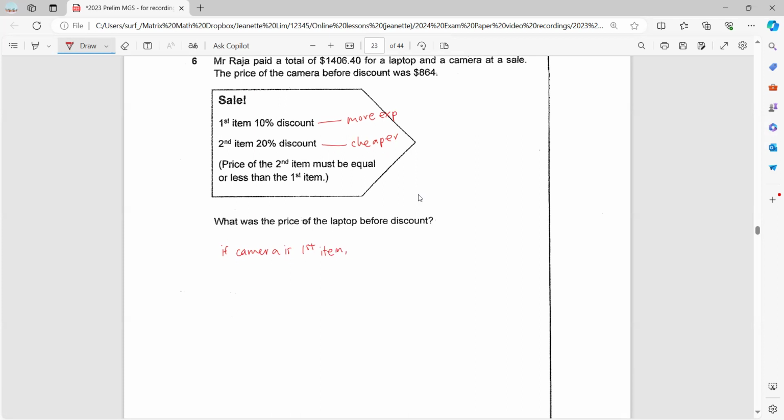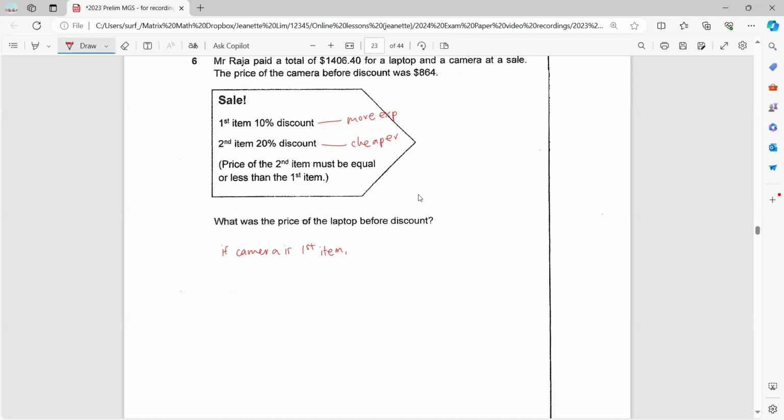So we're going to use that, and then find out the answer for the price of the laptop. And that price of the laptop, if this is correct, would be the cheaper amount. Okay, so let's use 864 as the cheaper item. So 864 will be at 10% discount.